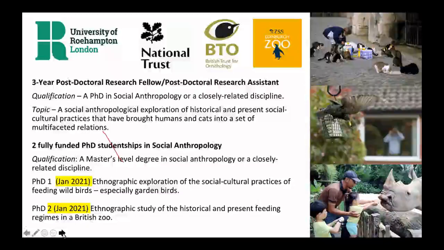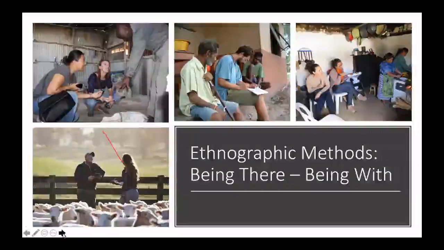The issue, of course, as we've all brought up, is ethnography is about being there and doing. The key thing with ethnographic methods is being there with the people with whom we are studying. And this is going to be a challenge. We will have to rise to the challenge in this period of COVID.